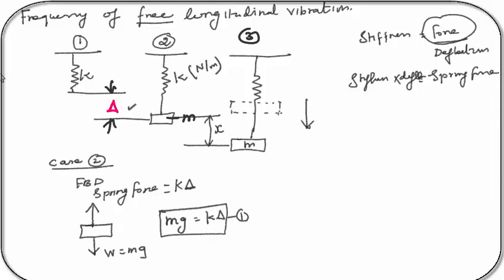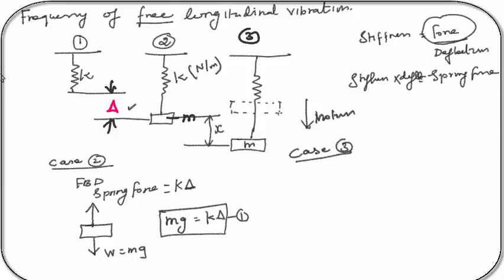Now I'm going to construct the free body diagram for case 3. Unlike the previous case, it is in motion, because initially I pulled the entire system in the downwards direction, so the motion happens in the downwards direction.